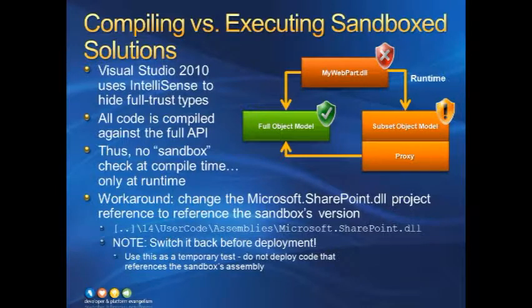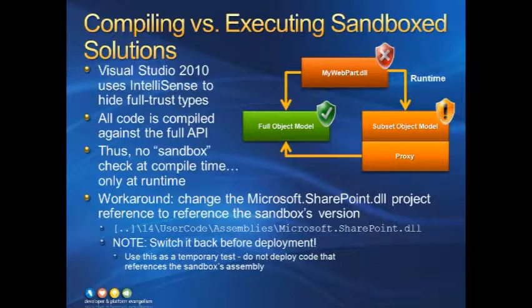Inside of your project, you have a reference to Microsoft.SharePoint.dll. As a temporary check, instead of having your project reference this full object model, you could tell it to compile against this subset really quick and show you the places where you're going to have problems.